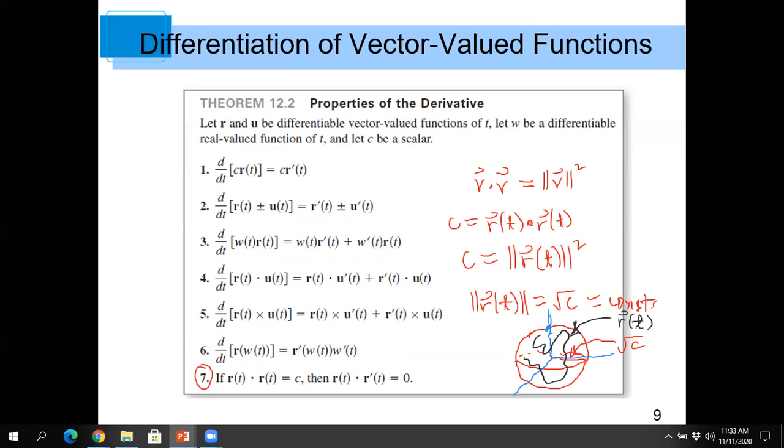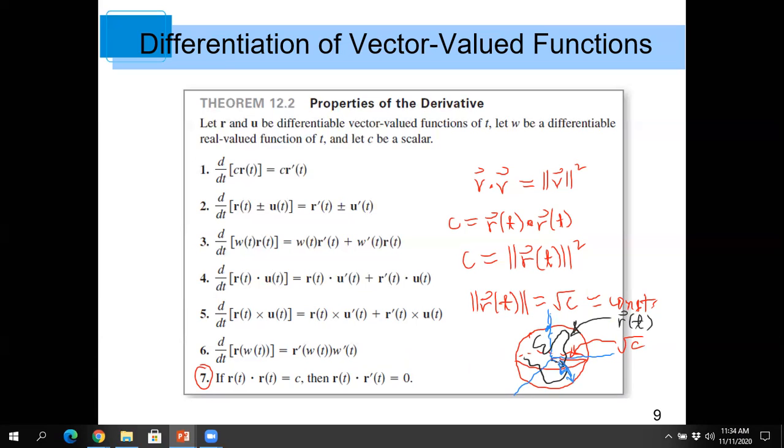Now, what that means is that if I were to compute, at any point, a particular vector r of t, and then I look at its tangent vector, maybe it goes like this. What do you think is going to be true about this vector right here and this vector right here? Since that vector is touching that sphere, and the curve is on the surface of that sphere, those two vectors are going to be perpendicular, yeah?